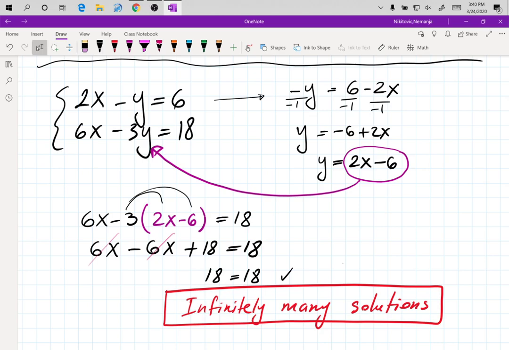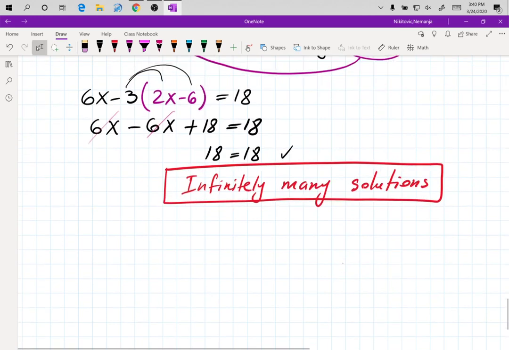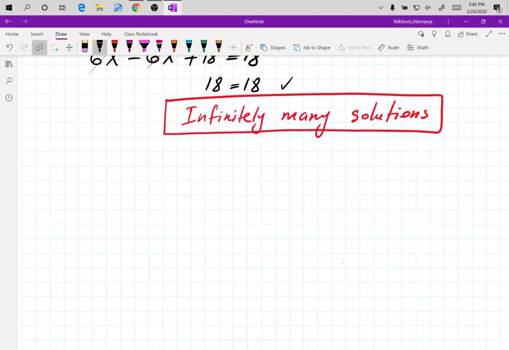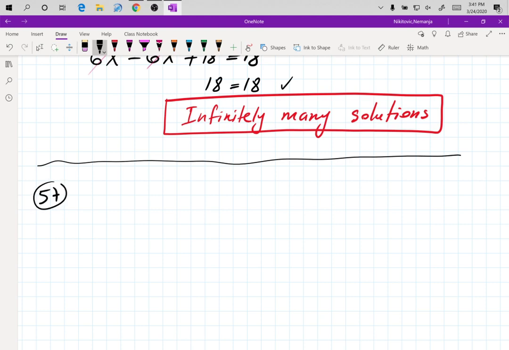Okay. So we are going to take a look at a problem that lists average room prices in 2013 and 2012. Oh, this is problem 57 in the textbook.